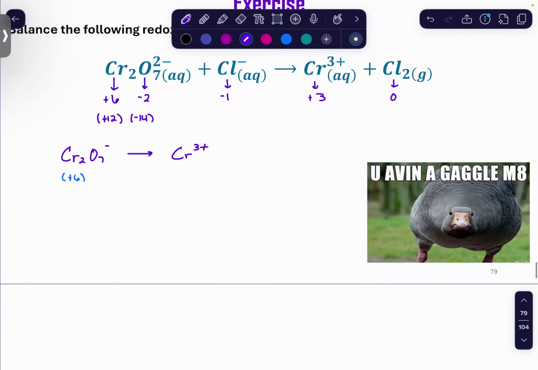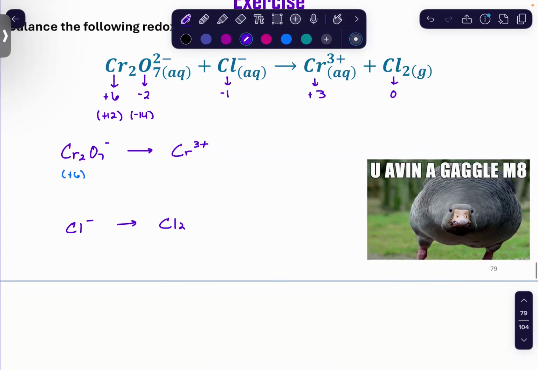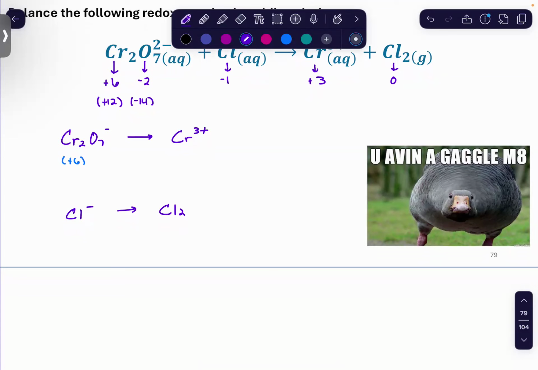The oxidation half reaction is going to be chloride to Cl2. Now you can actually do step 2, where you say, oh, I have to balance everything that's not oxygen or hydrogen. Because you notice how I have 2 chromiums here and 1 here, 1 chloride and 2 chlorines. Well, I have to balance that.